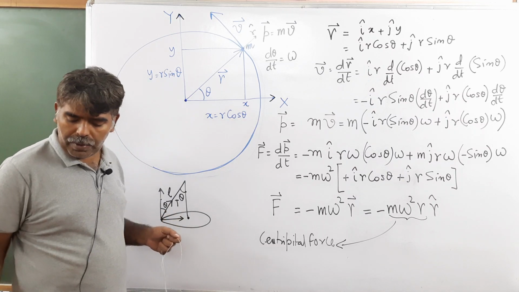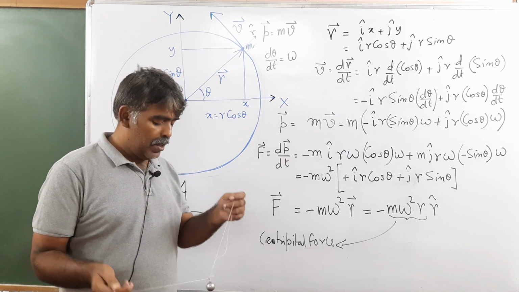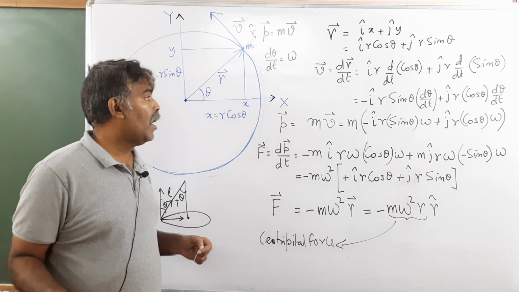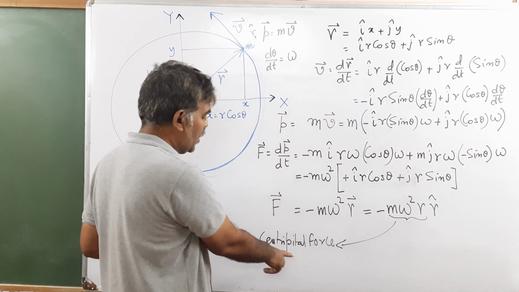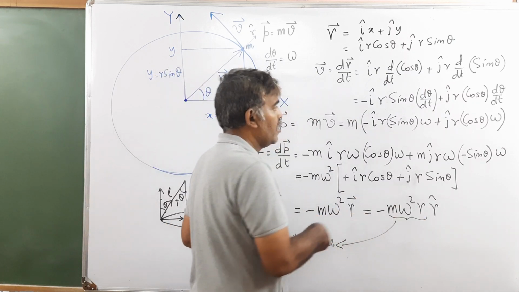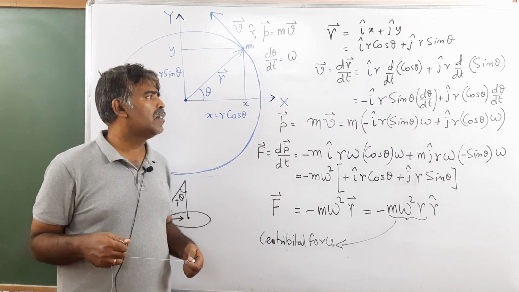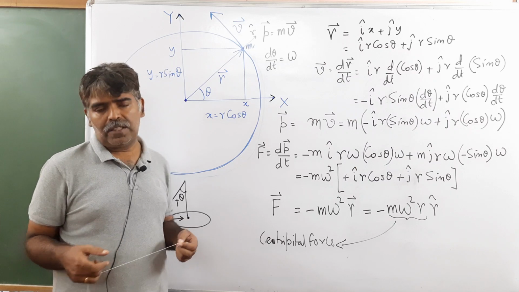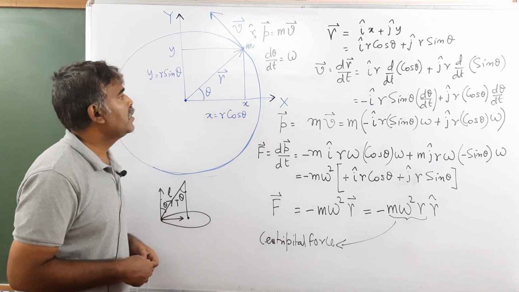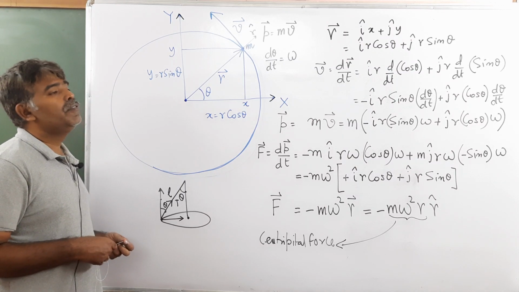So there are many cases where you can find that these centripetal forces act radially inward, and this is an explicit proof that the centripetal force is m omega square r and is radially inward. I have explicitly used vectors. I have a habit of using vectors a lot, and many problems become very simple if you use vectors.